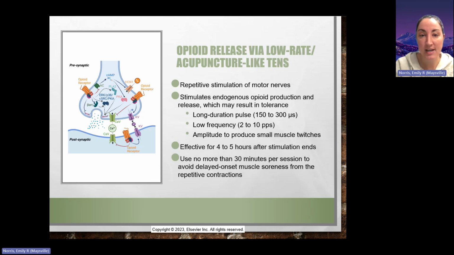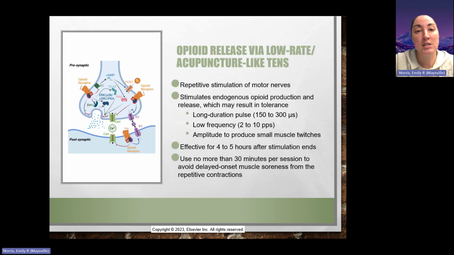One issue with this type of TENS, whether you're using just low rate or acupuncture-like TENS, is that when it is used frequently by the patient, they can build a tolerance to this type of stimulation.